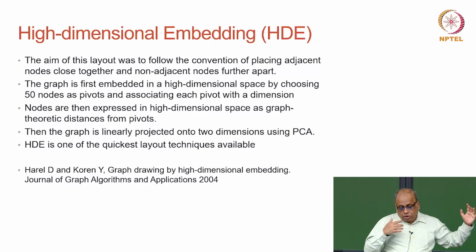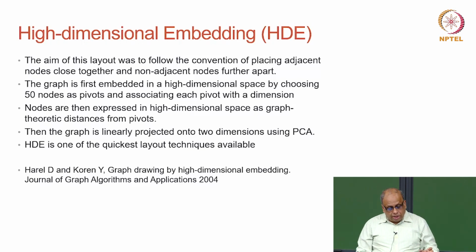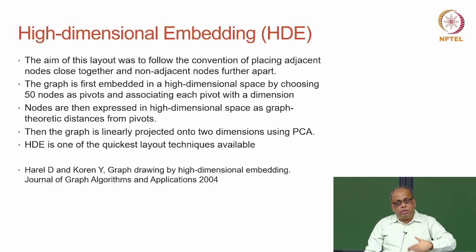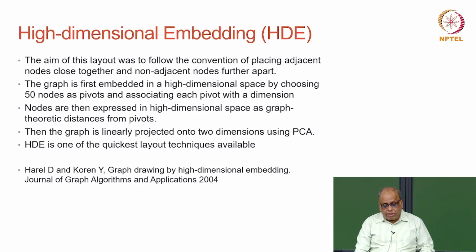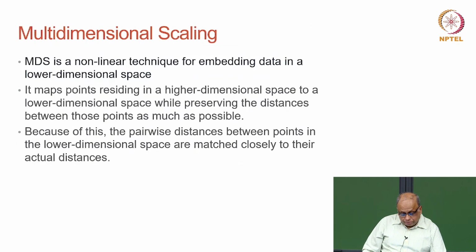The nodes are expressed so that the graph theoretic distances between the nodes are maintained, and then you reduce the graph to a 2-dimension space using PCA, trying to have the least variation in the data. This way of doing graph layout has been found to be very fast. It is one of the quickest layout techniques available.